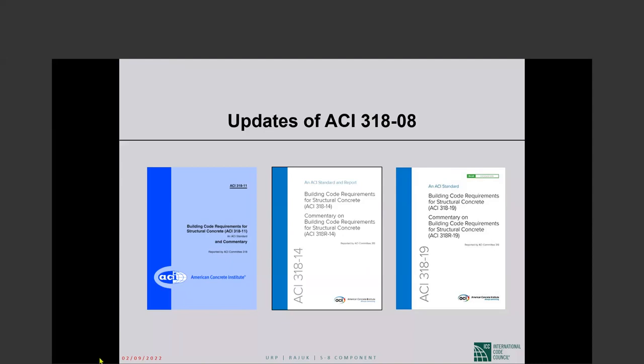Yeah. So in every new edition, there are changes. Many of those changes are seismic changes in what used to be chapter 21, starting with ACI 318-14. That chapter is chapter 18. Anyway, the only point I'm trying to make is that although BNBC 2020 is new, the requirements in there, because they're based on ACI 318-08, are sometimes pretty outdated.